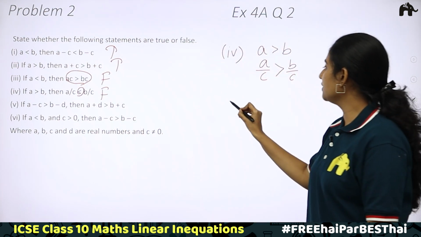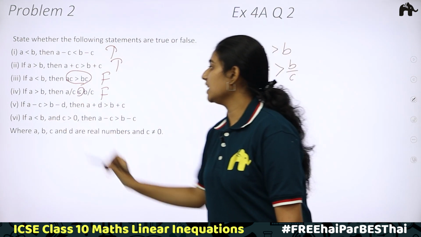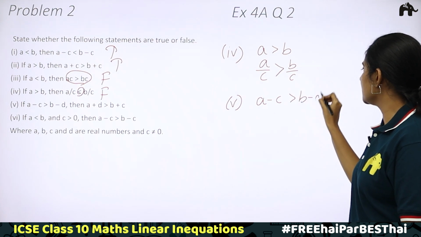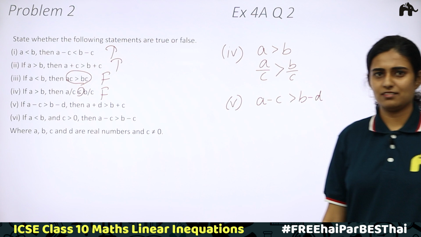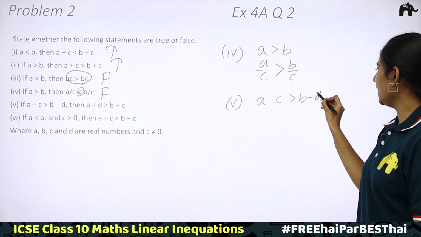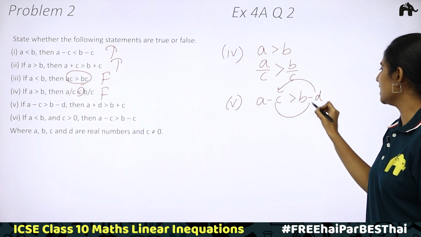Okay. Now, the fifth one. If A minus C greater than B minus D, then A plus D greater than B plus C. How to solve this? Just by shifting the terms. I can take this minus D here and minus C here.